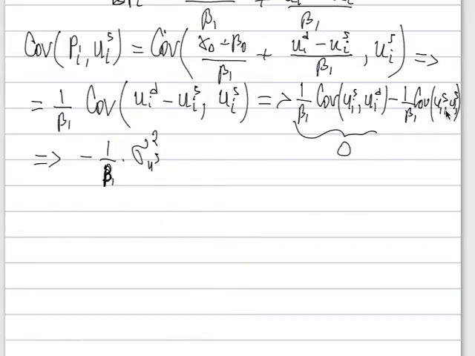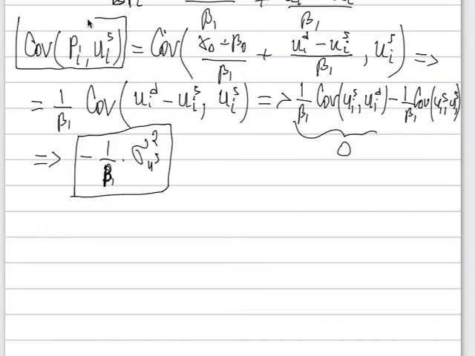Covariance between US and US is basically variance of US. Now, what did we just show? We just showed that this is not 0. Covariance between P and U is some constant with a negative value. And that's question A done.